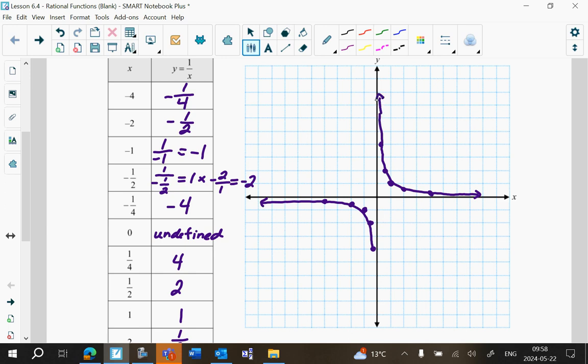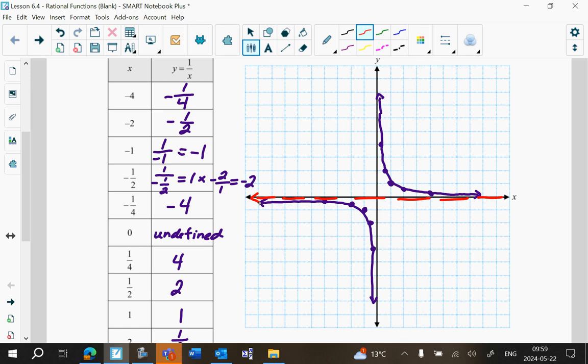So the graph is two curves. It's two pieces. And what I have to show are the lines where it never touches. So part of your graph, you must include this. Must. Dashed line here, because our curves will never touch.